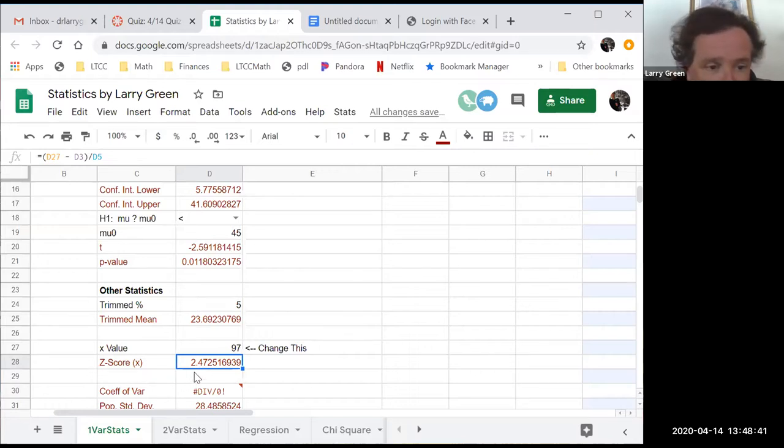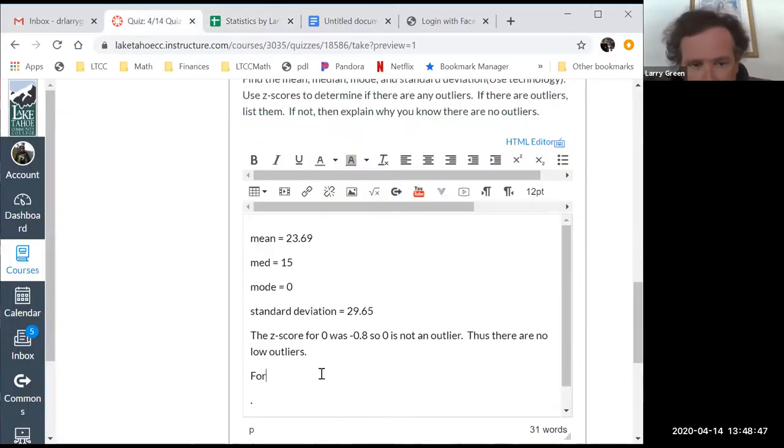Yeah, because notice the z-score is over 2, it's 2.47. So let's write this out. For the z-score for 97 was what, 2.47, I believe, which is greater than 2. So 97 is an outlier.